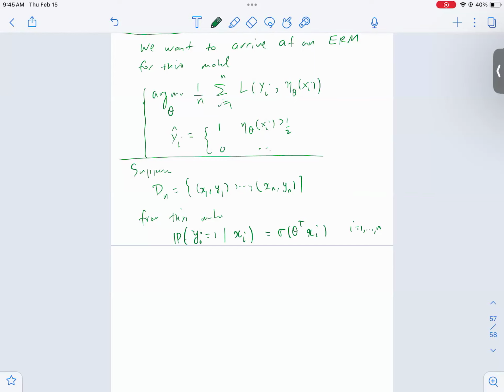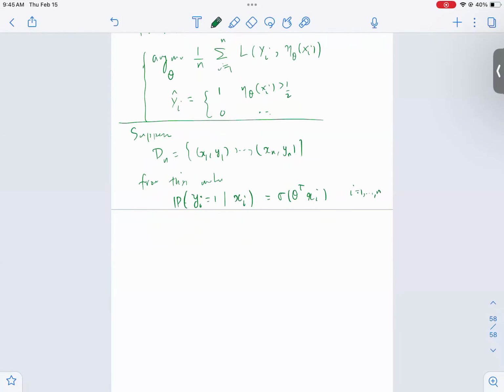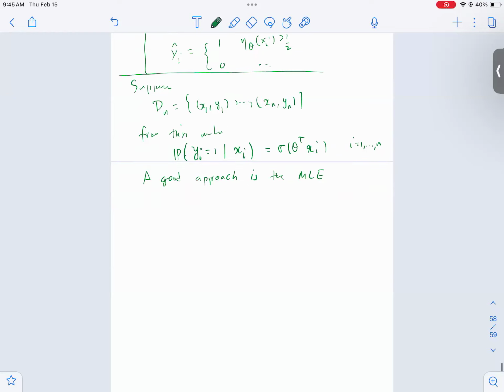Maximum likelihood, yes, okay. So that gives me a very nice recipe for arriving at a rigorous estimator for these parametric models. How do I write the maximum likelihood? A good approach is the MLE. So what we really do here is specify these conditional distributions.